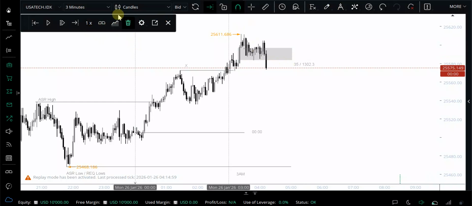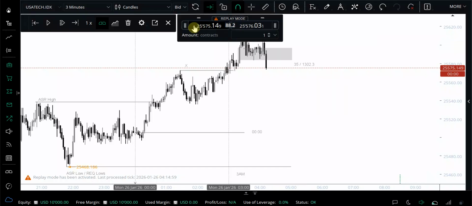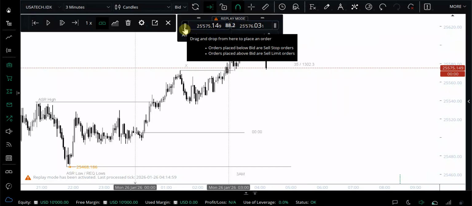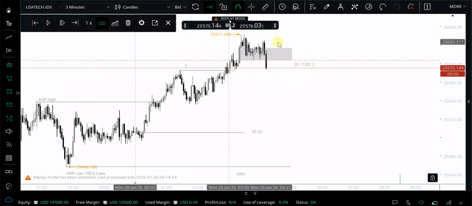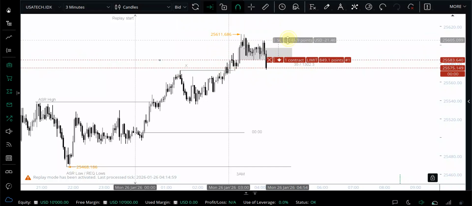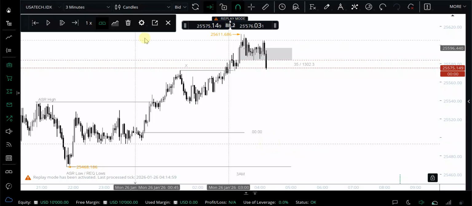I can now place my sell limit right there, and then maybe put my stop loss right above there, then put my take profit maybe somewhere here.